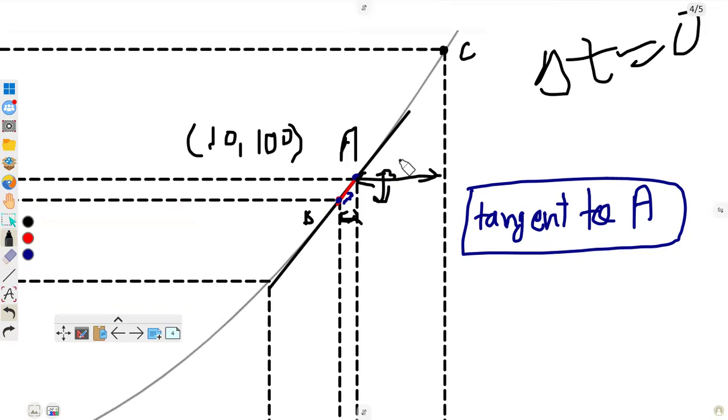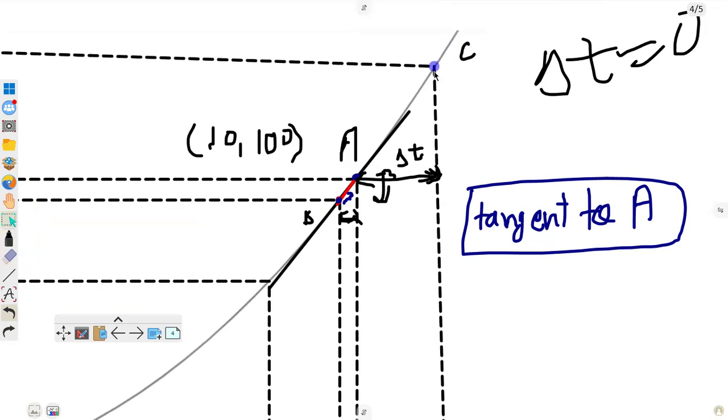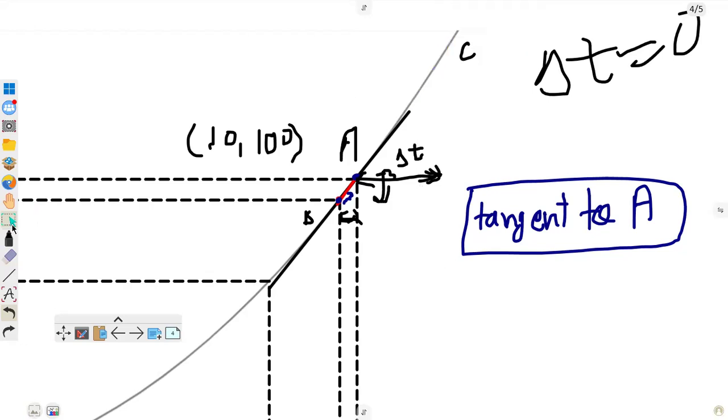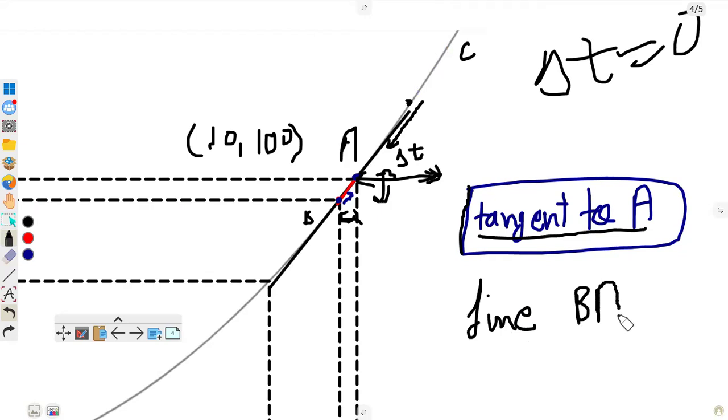As delta t tends to zero, this point will also move towards A, so it will essentially become the tangent to A. The line BA actually tends to the tangent at A.